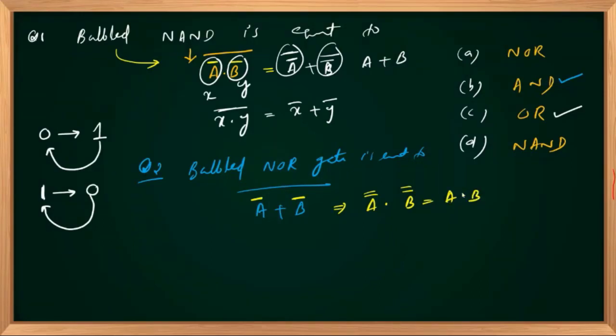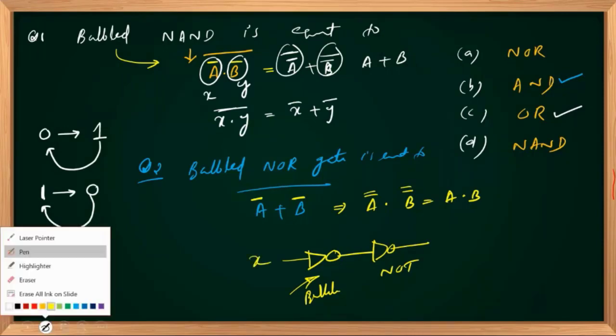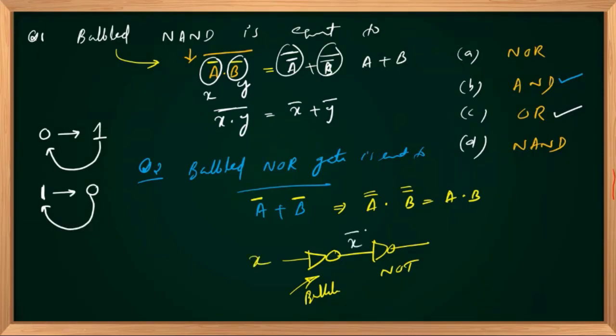Very good. Pujari is asking one more doubt: Sir, is bubbled NOT a buffer gate? You are absolutely right. A bubbled NOT implies two NOT gates in series. One NOT gate corresponds to the bubble, and the other is the actual NOT gate. If you apply X here, you'll get X complement, and the output will be complement of X complement.